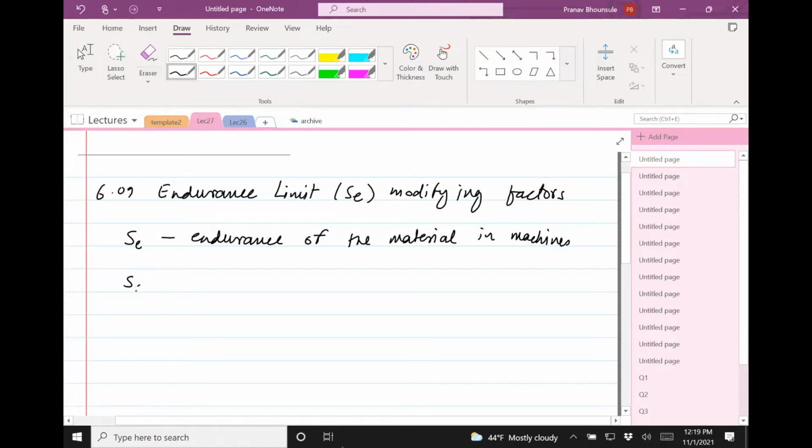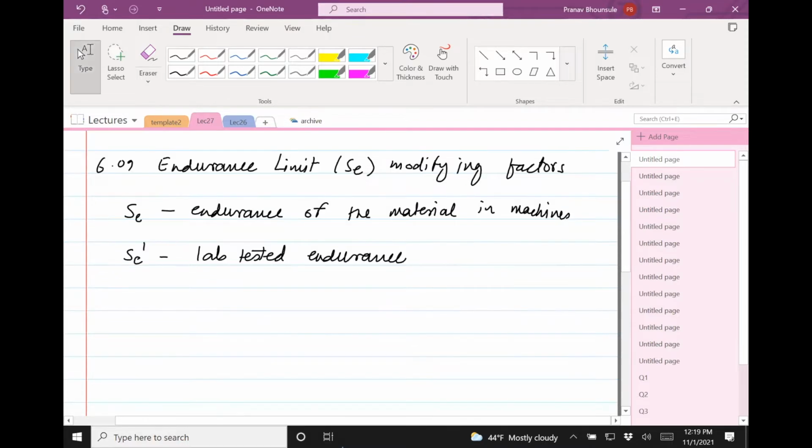But when we talk about test specimens, we use SE prime, and this is a lab tested endurance. So it turns out that SE, which is the one you get in the machine element or in practice, is always less than SE prime, or less than or equal to.